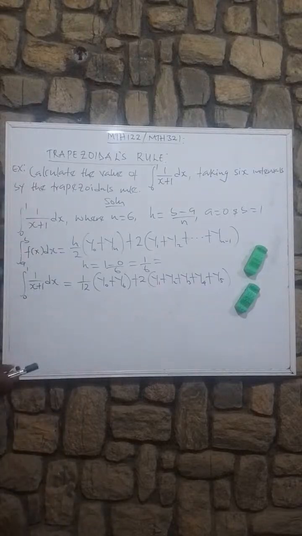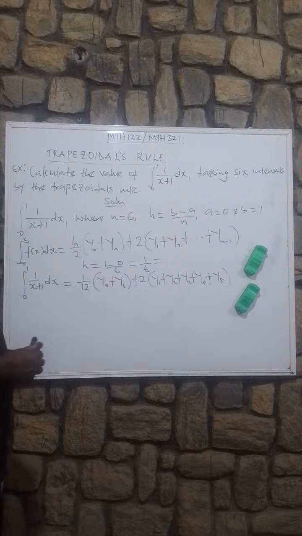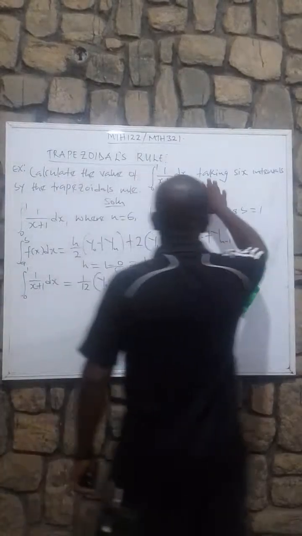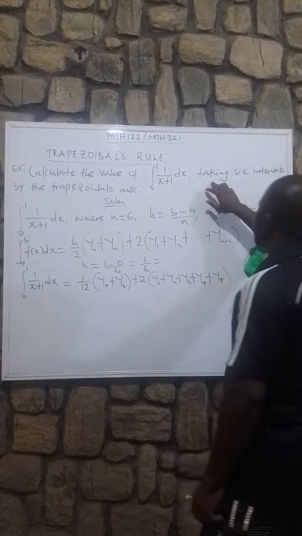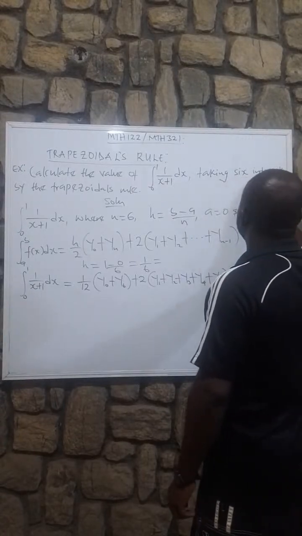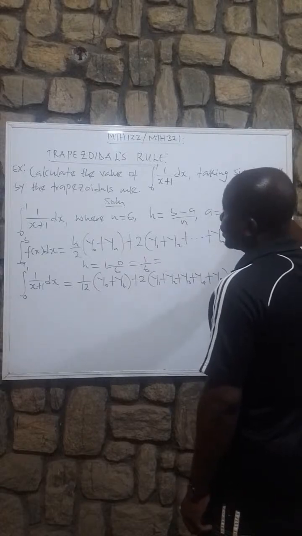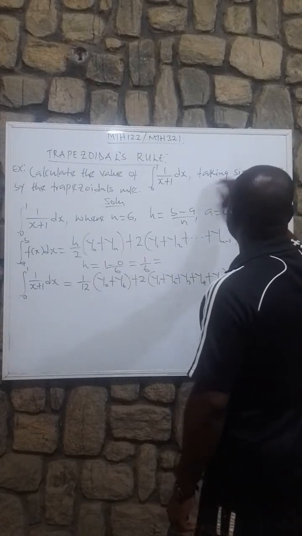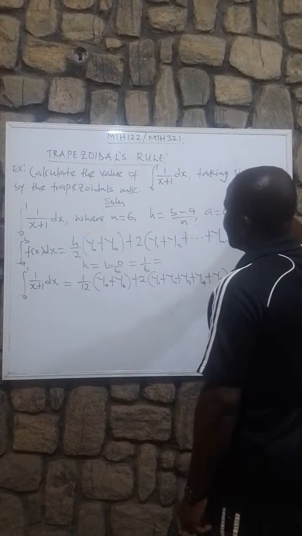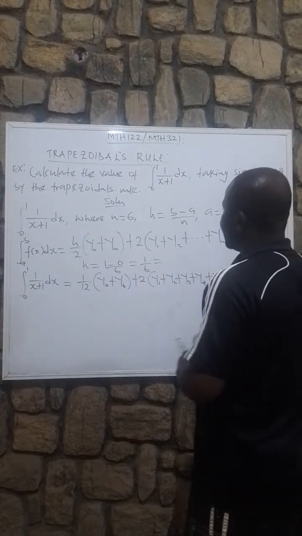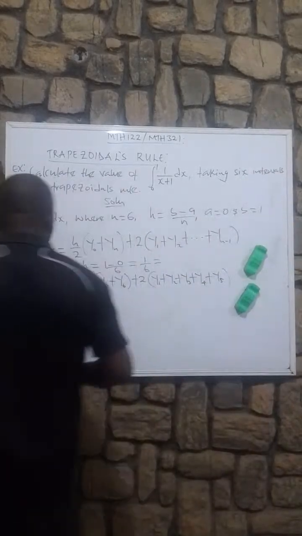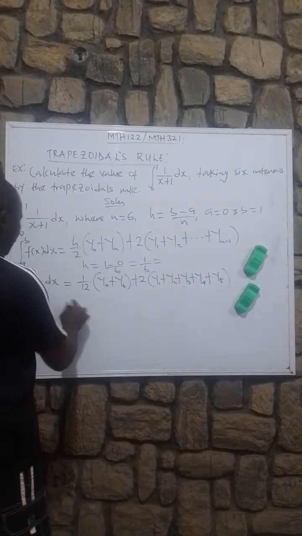So what we need to do here is let us have a diagram. Since from here he said we should take 6 intervals, true or false? So it means in the number line, let's go back to the number line.